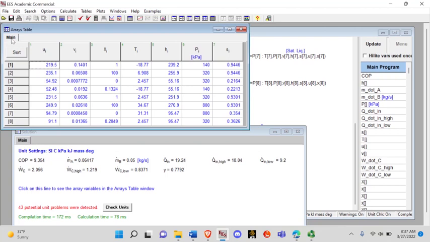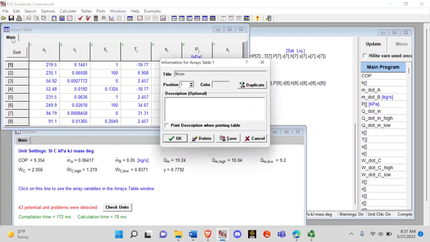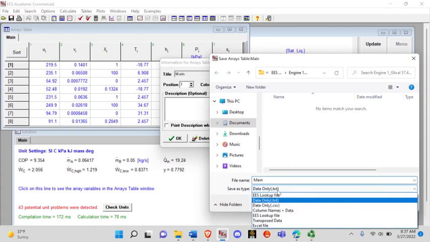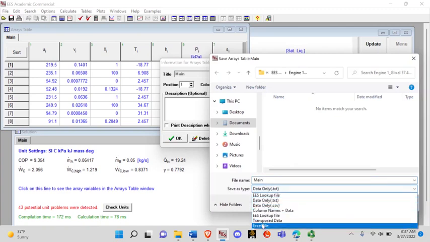And then if you want, you can right click this main title. You can hit save. We can save as an Excel file.